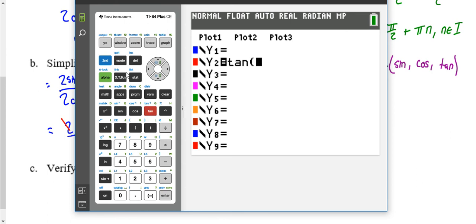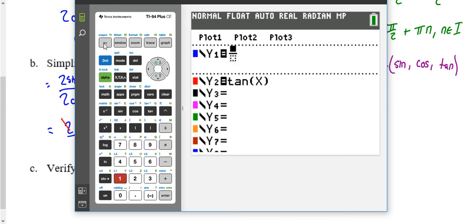So I'm going to type tan x for y2 right away. In y1 we want to type in the original, so the way I type it is use this fraction function here, because that's what we have. We have sine 2x in brackets there. And in our denominator it would have been cos 2x, and we had plus 1 after that. Don't forget to close the bracket and then plus 1.